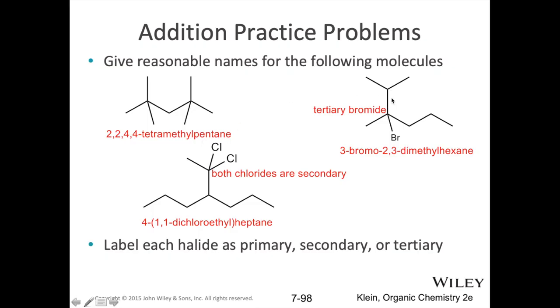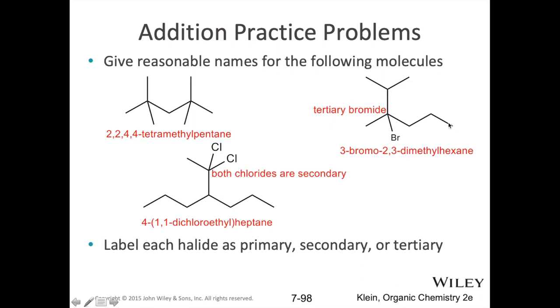Okay. With this molecule, again, looking for our longest carbon chain, you might be tempted to say, okay, 1, 2, 3, 4, 5, but keep in mind that if we start here, we've got 1, 2, 3, 4, 5, 6. So hexane is our root word. We have methyl groups on that number 2 carbon and the number 3 carbon. We have to start numbering from over here because we go one bond away and we wind up with a substituent.